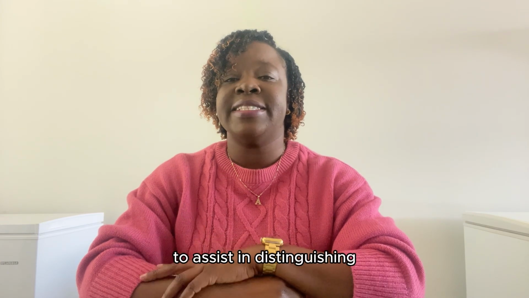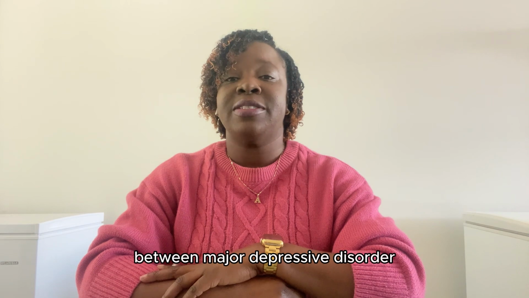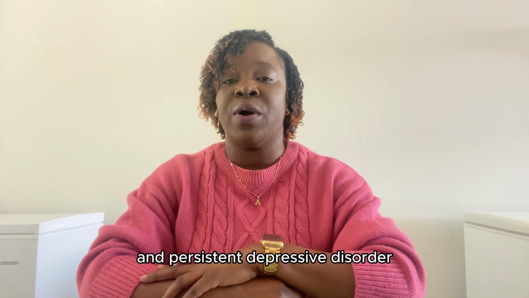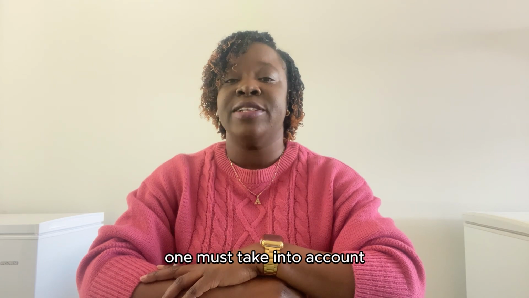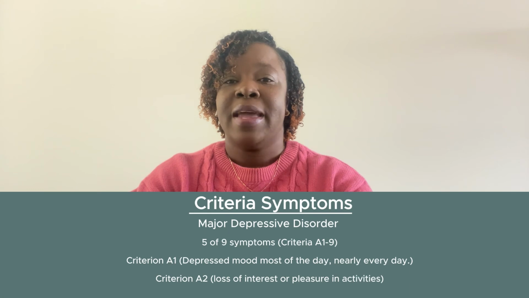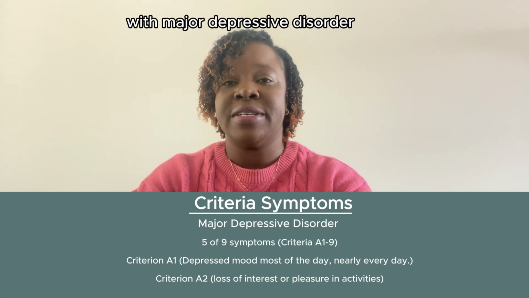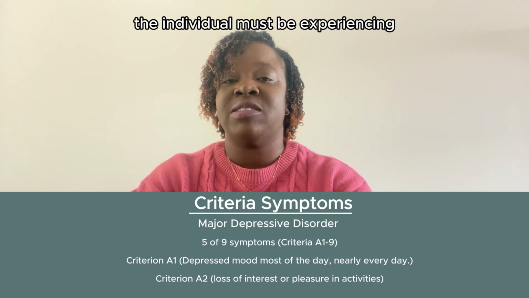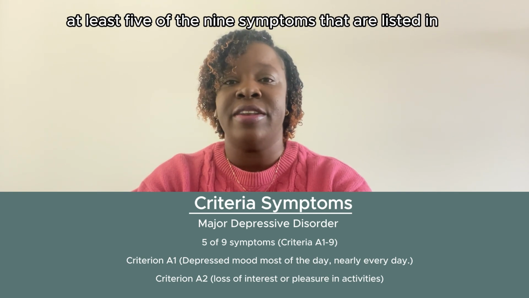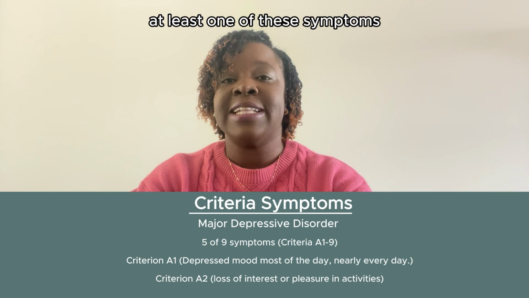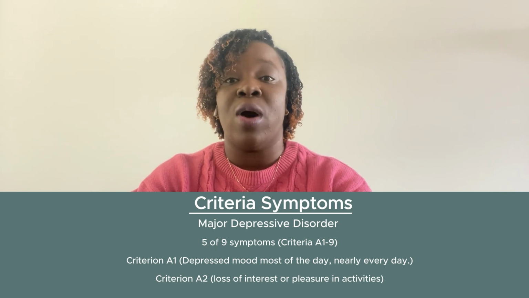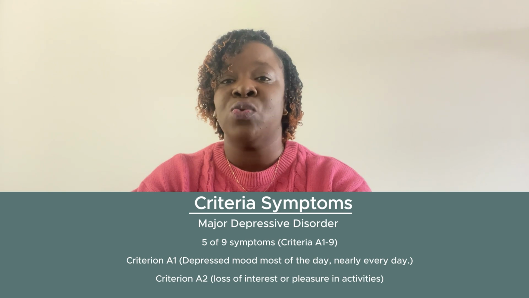To assist in distinguishing between major depressive disorder and persistent depressive disorder, one must take into account the criteria symptoms. With major depressive disorder, the individual must be experiencing at least 5 of the 9 symptoms that are listed in criterion A. At least one of these symptoms must be the criterion A1 or criterion A2 symptom.